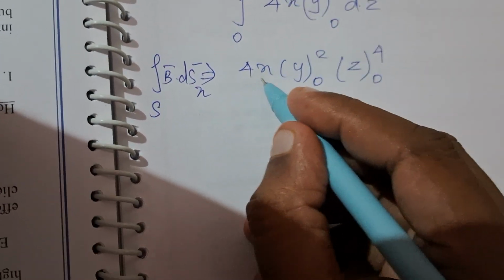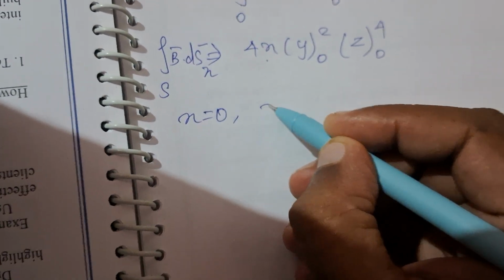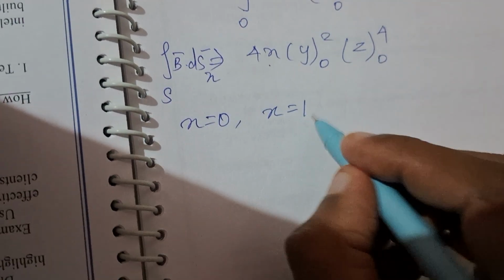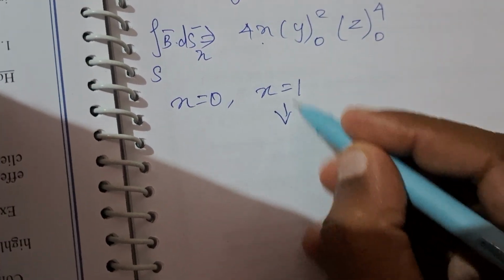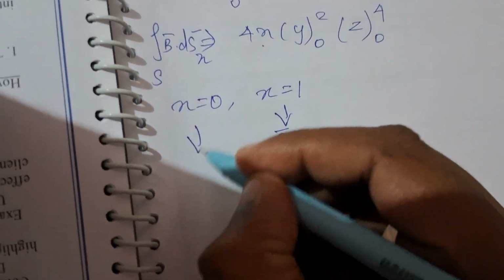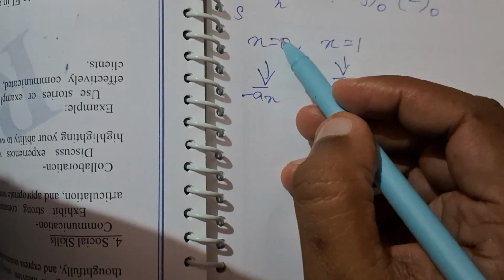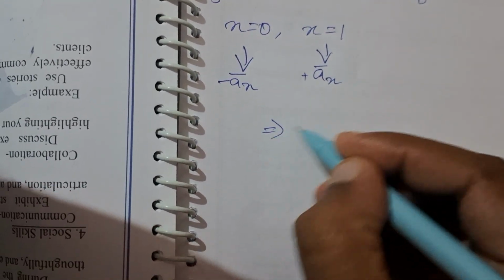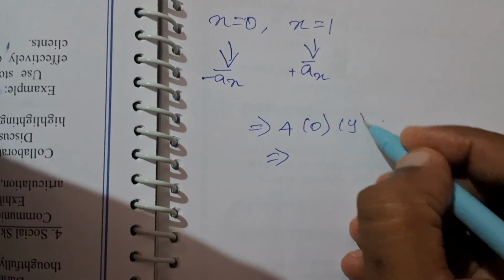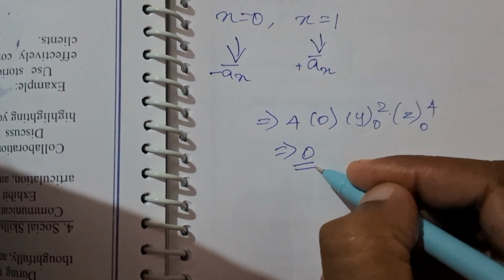Okay, so here x has two values, one is x equal to 0 and another is x equal to 1. Consider x equal to 1, ax is the normal with positive sign, x equal to 0, ax is minus ax. Substitute the value here, 4 into 0, anything into 0 we get 0.